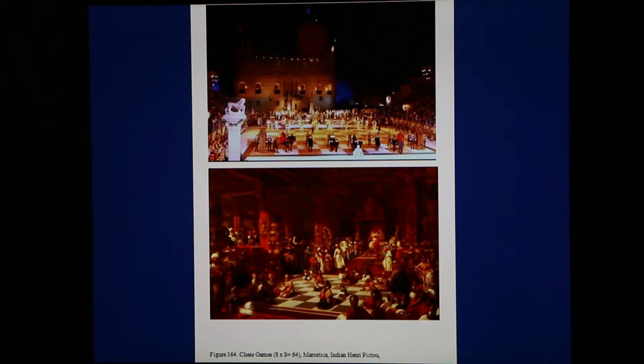Now, that's terribly original, we would be told, but there's a man called Henri Pictou who went to India, and he discovered that there were live chess games in India as well. So where it really started, only the chess king knows, or the chief.